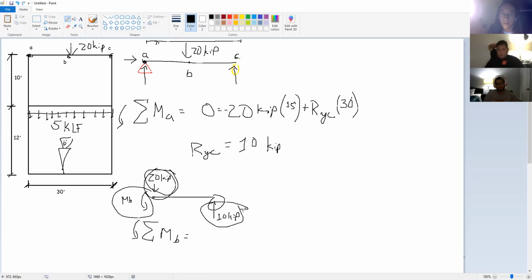We have two forces and a moment. For the moment, MB is going counterclockwise, so it's positive. The 20 kips is 0 feet away, pointing straight at B, so it's just going to be nothing times 0.